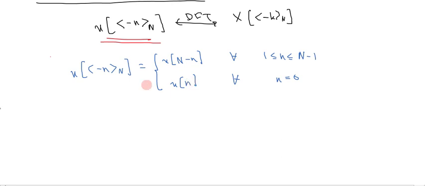So let us do an example. Let's suppose you have a signal, the same signal we were using: 1, 2, 3, 4, 5, 6.